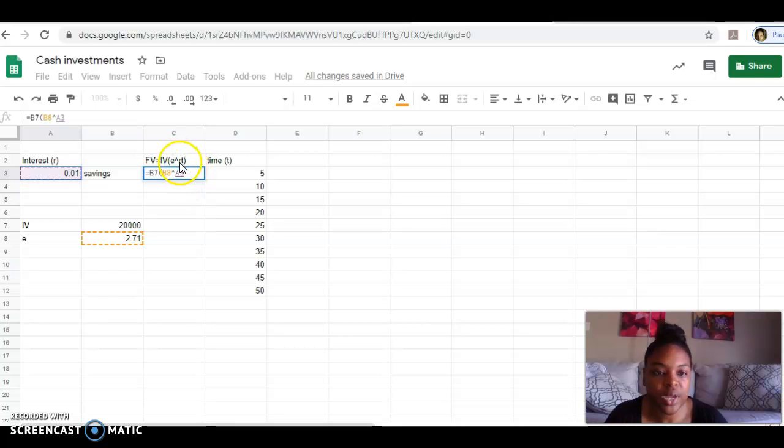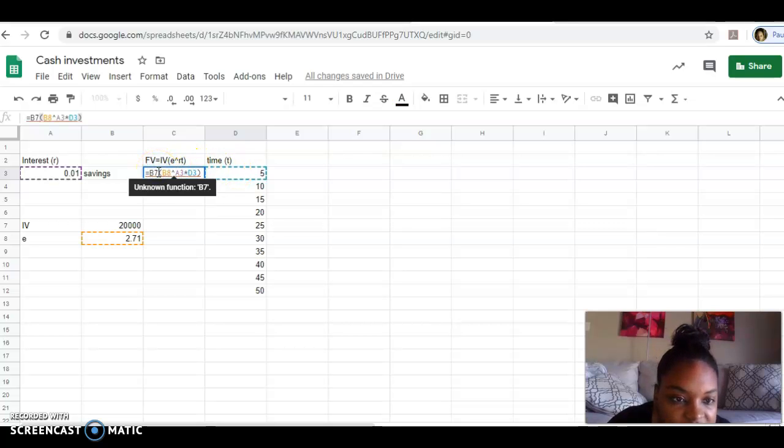Then the rate gets multiplied by time, so I need to put in a multiplication symbol. So that's Shift 8. And then I'm going to choose the time. So my first time that I want to look at is after 5 years. So I'm going to click on the cell with 5 years. Close my parentheses.